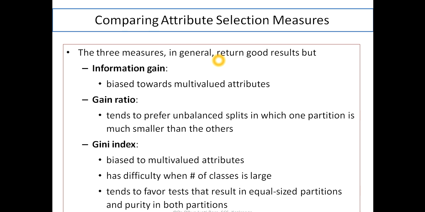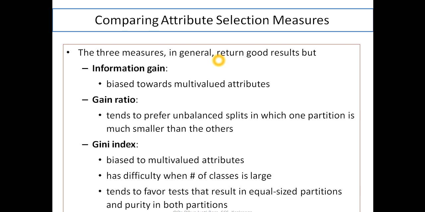So you see that we have these three measures: information gain, gain ratio, and Gini index. Some advantages are there with respect to each such measure. Also, some disadvantages are there with respect to such selection measures. Information gain is biased towards multi-valued attributes.